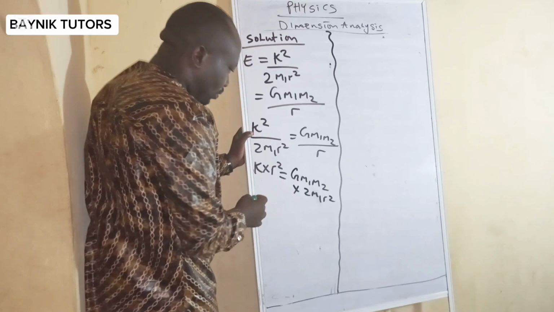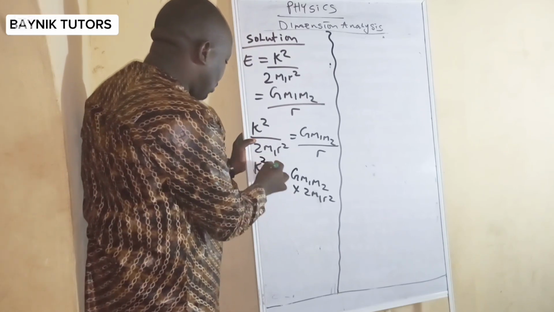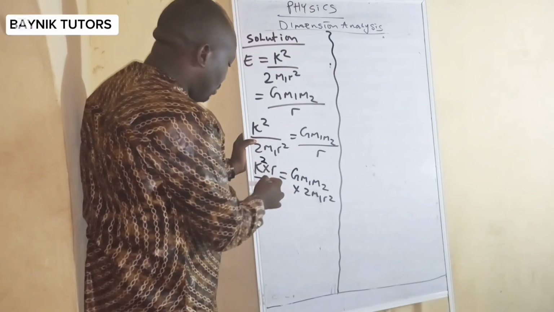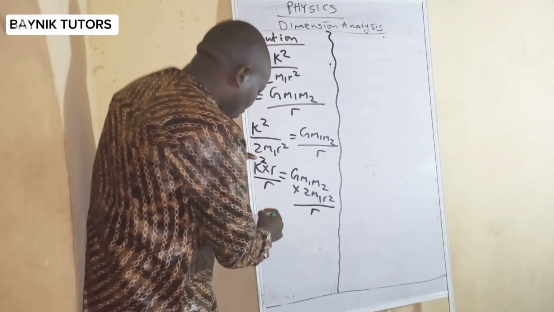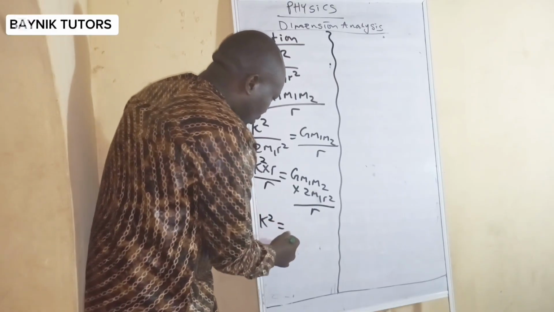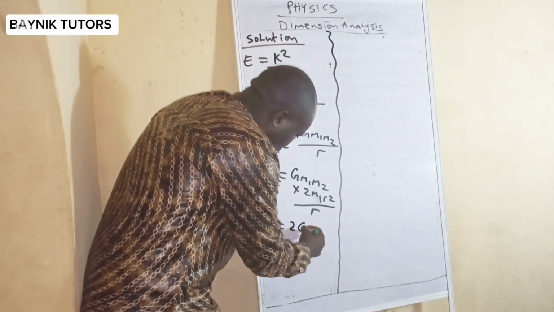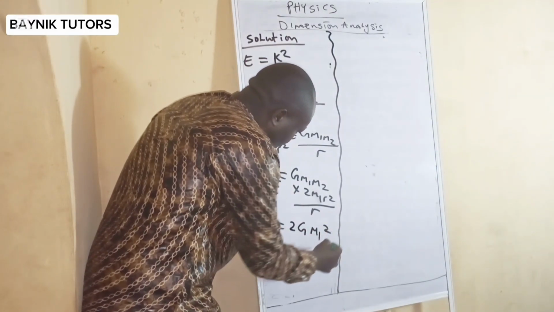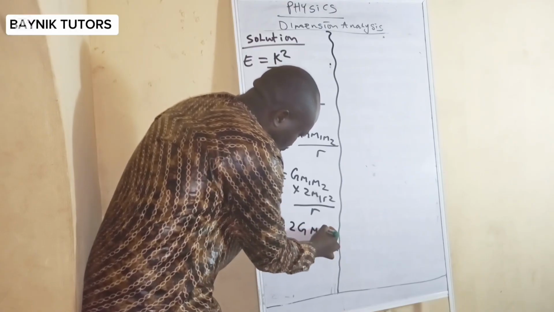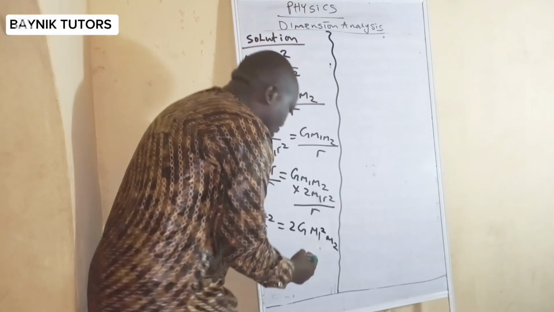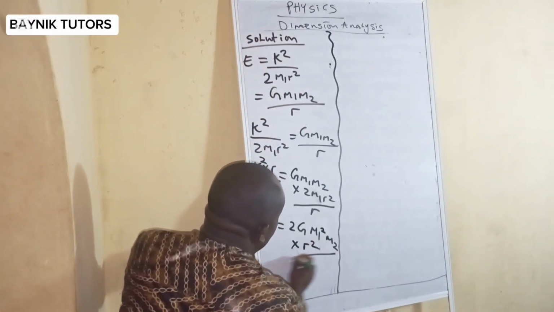So divide both sides. So K square half. Now divide both sides by half. So you can now say from here K square will now be 2G M1 square M2, multiplied by R square divided by half.